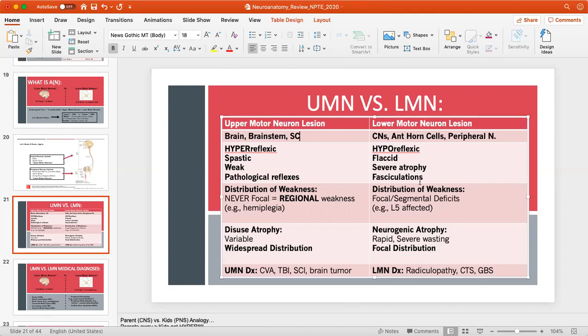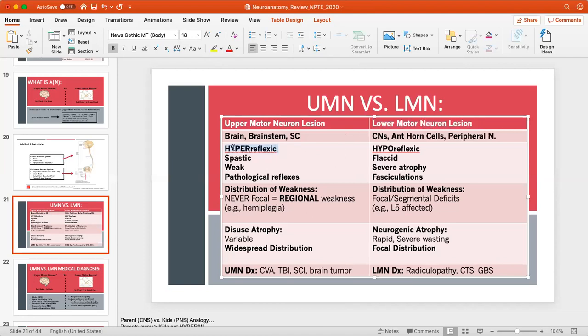Versus the kid is pretty hyper. Kid, all they want to do is go out and play. That's just the natural state of a healthy kid, the lower motor neuron. If the upper motor neuron is on vacation, checked out, injured, sick, well, that lower motor neuron is going to take over. If the kid takes over, it's like pizza time all the time, climbing up on chairs, bouncing on the bed.